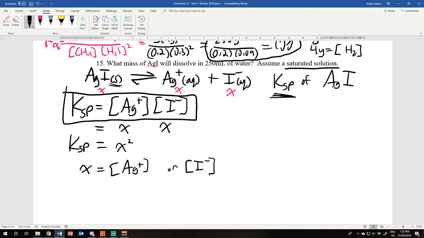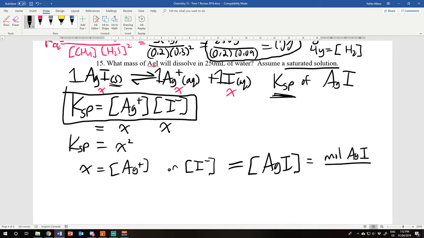Okay. Anyways, so once you figure out what the concentration of silver or iodide is, then you can use that, because we have this 1:1:1 ratio. Then in this particular case, this will also equal the concentration of AgI. And the concentration of AgI is really just moles of AgI divided by volume.